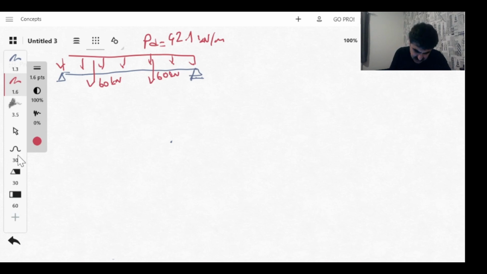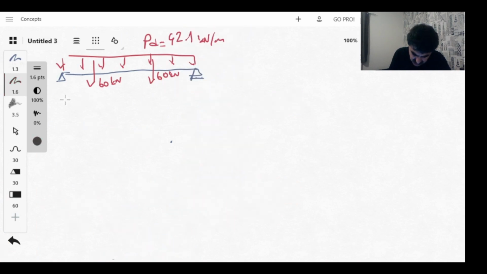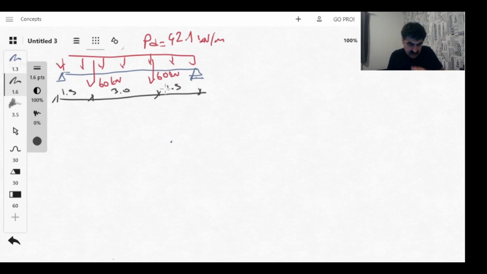Let me draw the dimensions as well. Here I have 1.5, 3 meter, 1.5, 1.5, 3.0 and 1.5.